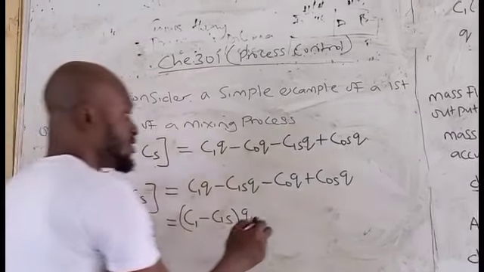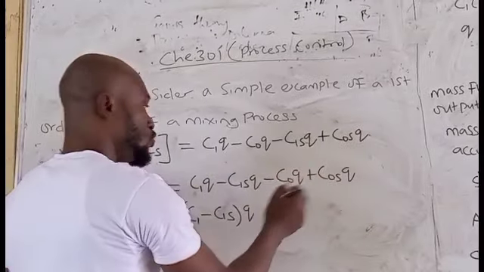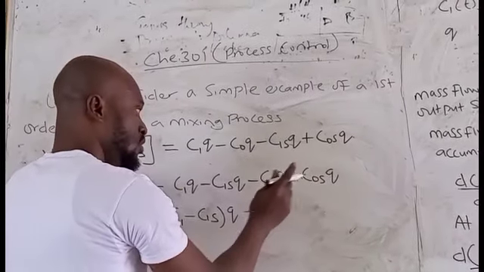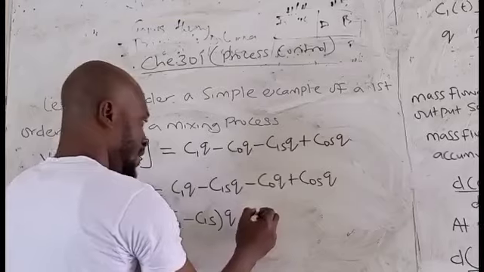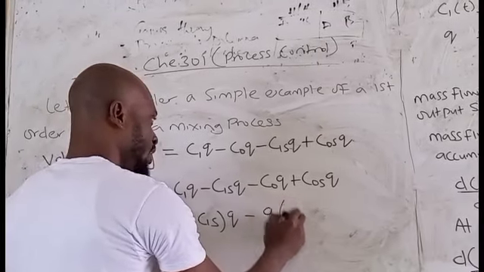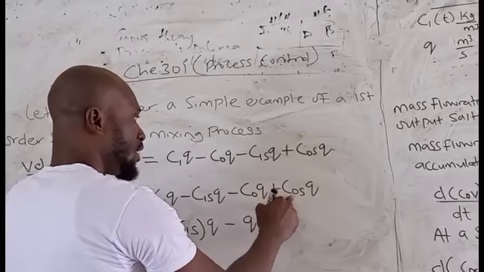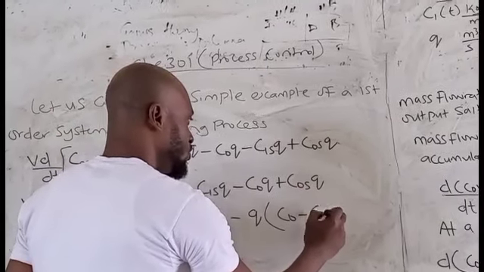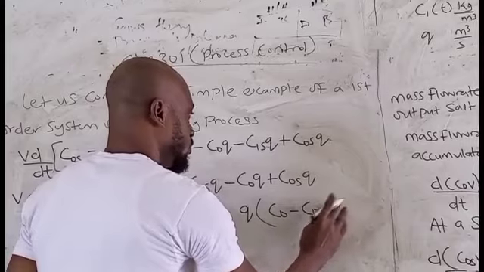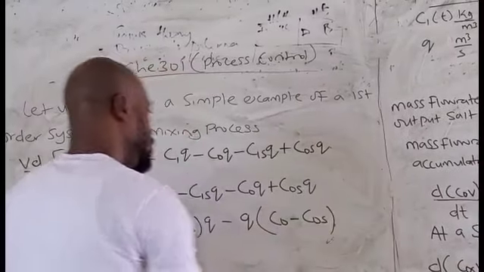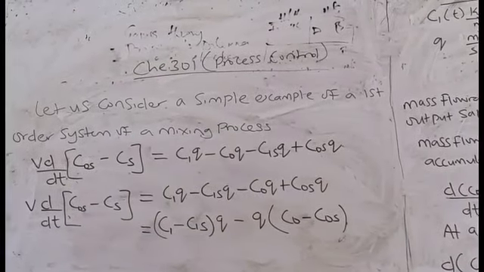So you factorize it mathematically. You do the same thing with this one. You say minus, I have Q here, minus Q into c0, then this one will be like minus c0s. Then you close it this way.